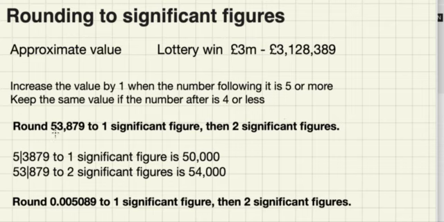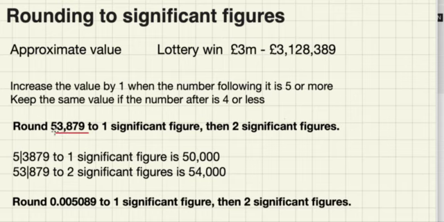So here we're asked to round 53,879 to one significant figure, and then to two significant figures. So as in previous videos, when we've been looking at approximation, we write down the number. So here it is, 53,879.